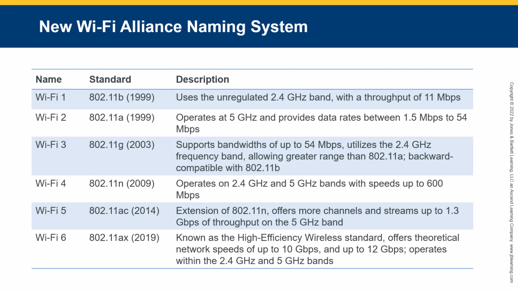The actual structure shows Wi-Fi 1, 2, 3, 4, 5, 6, and it's not listed but 7. So 802.11g is Wi-Fi 3, and that was done in 2003. It used the 2.4 gigahertz, and that allowed for speeds up to 54 megabits per second.